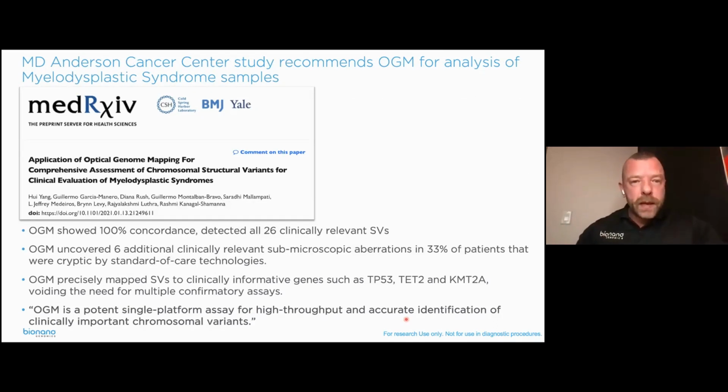A team at MD Anderson, led by Dr. Rashmi Kanagal-Shamana, looked at optical genome mapping on myelodysplastic syndrome samples. MDS is a precursor to AML leukemia. And what they found was, again, 100% concordance, so all clinically relevant structural variants were detected.